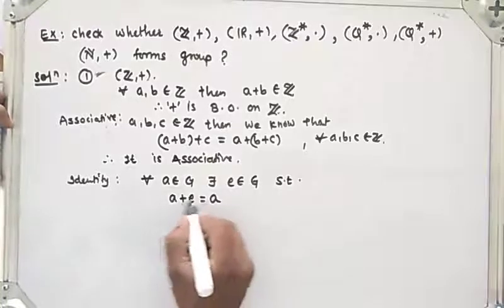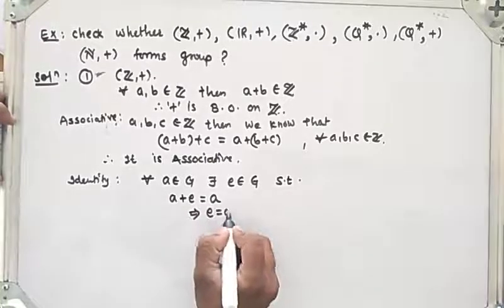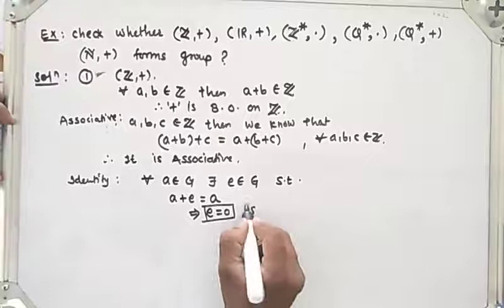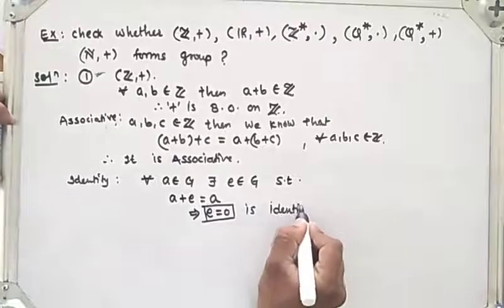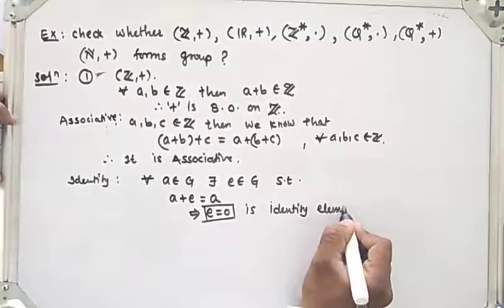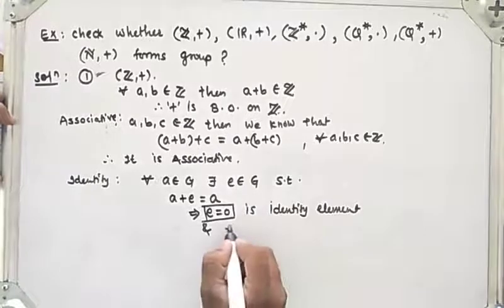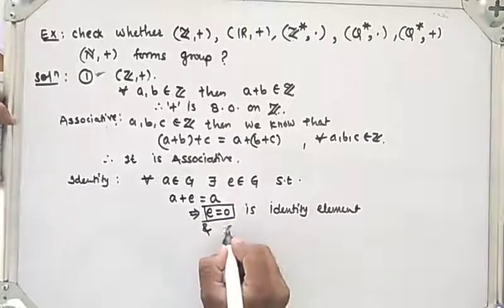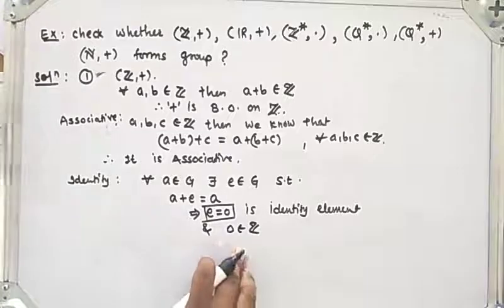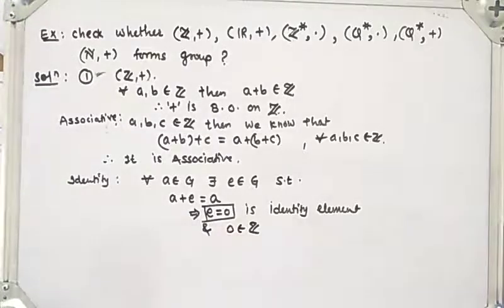By cancelling a, what will you get? e is equal to 0 is the identity element, and 0 again belongs to the set of integers, meaning the identity element belongs to G, so 0 is the identity element.